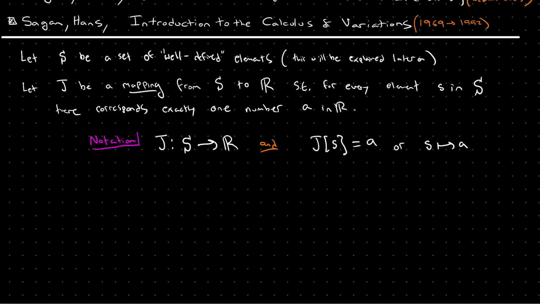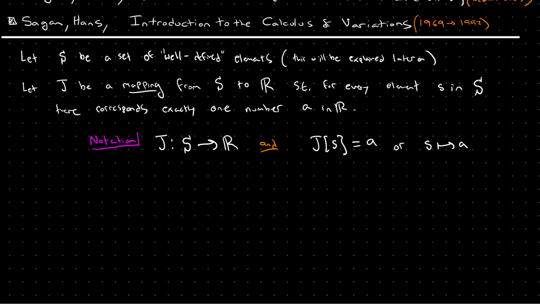A set of well-defined elements is admittedly a little bit ambiguous. However, this will be explained later on when we start getting into the method of solving problems. Typically, though, in the calculus of variations, this set of well-defined elements is a function space. And this is going to have certain properties that we need to look at and understand a little bit better when we start diving deeper into the theory.